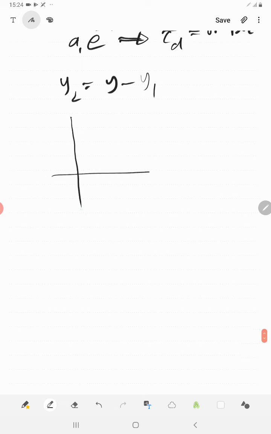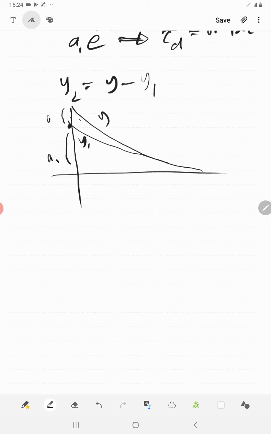Now, if we take Y2 equal to Y minus Y1, we go back to it. This is Y and this is Y1, and now we want to separate them. We said this is A1 and this is A2.